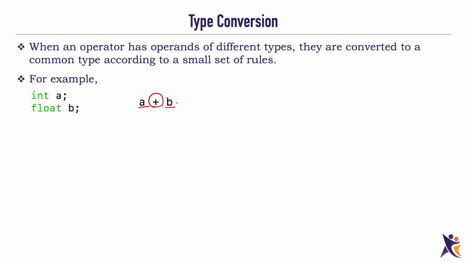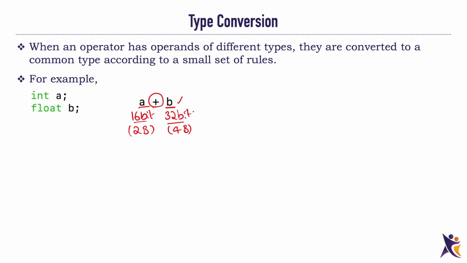Let's consider that an integer takes 16 bits on this machine, that is 2 bytes, whereas a floating point number takes 32 bits, which is 4 bytes. Here I am considering the size of integer as 16 bits and the size of floating point number as 32 bits. This is just for this example.